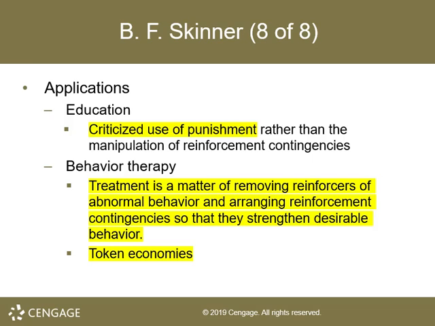For example, token economies. Really quickly, what a token economy is, for example, let's imagine you're working at an institute where people actually live. So you have patients, maybe children, some of which may be autistic and some from other types of elements. And the idea here is that in order to implement consequences and contingencies that we would like to have, we want to implement token economies there.